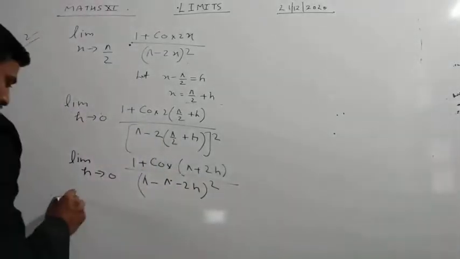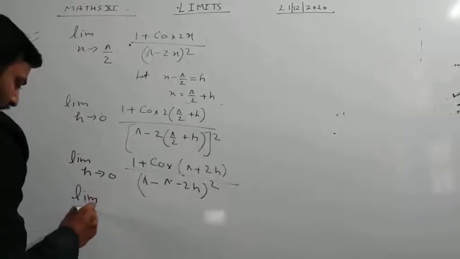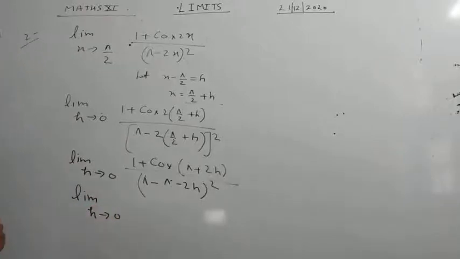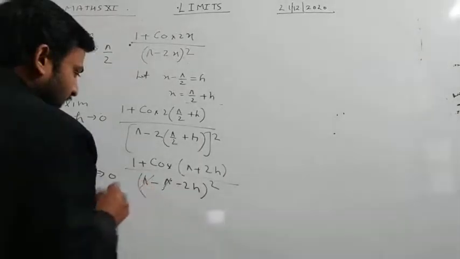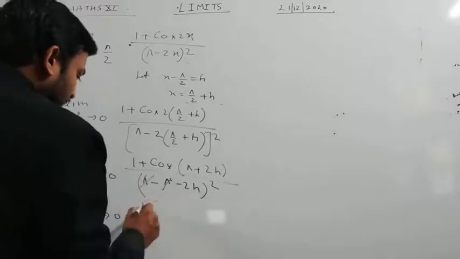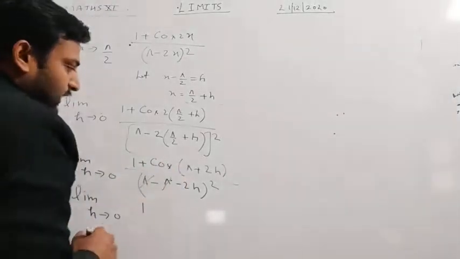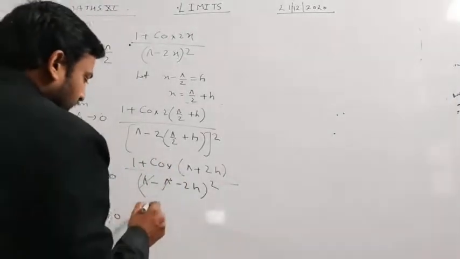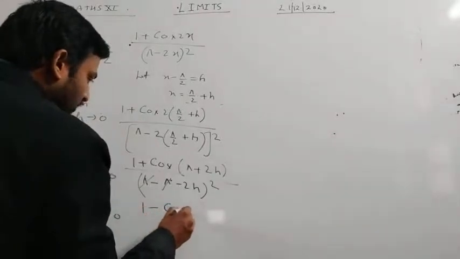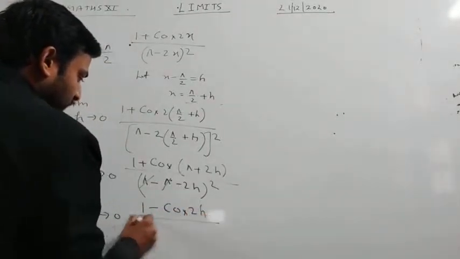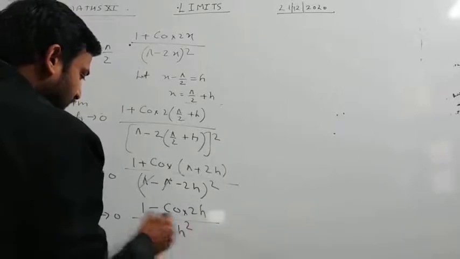So limit h tends to 0, this term will be cancelled, and here cos of pi plus theta is minus cos theta, so we can write 1 minus cos 2h by 4h square.